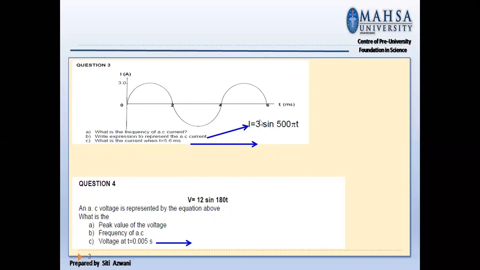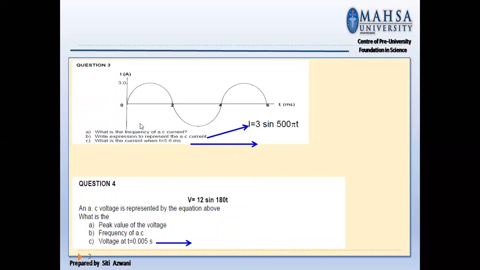Be careful with the unit; you have the time in millisecond. So for the frequency from the period, 4 millisecond, T equal to 1 over F, then you can calculate the frequency.